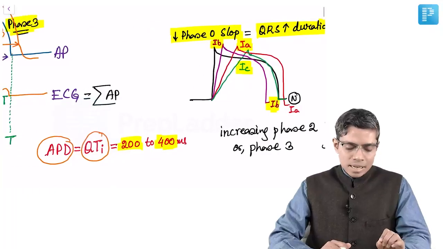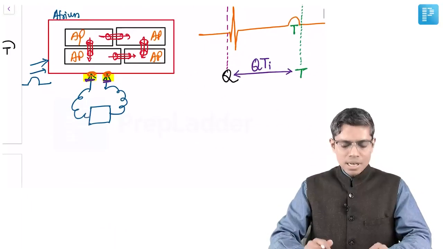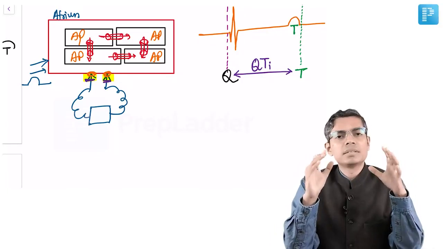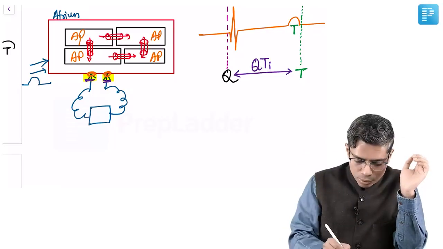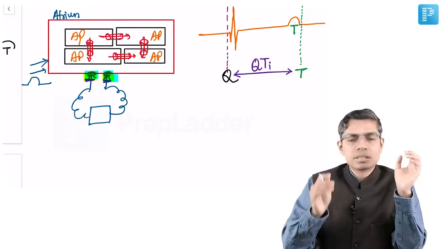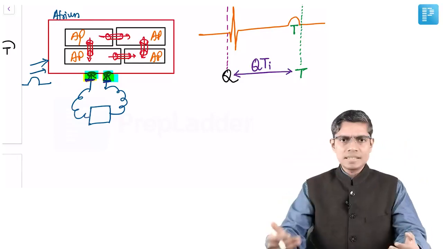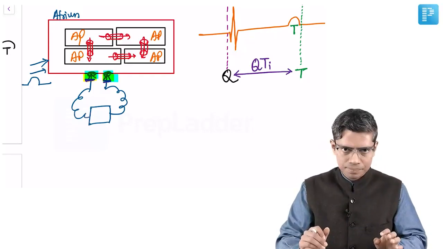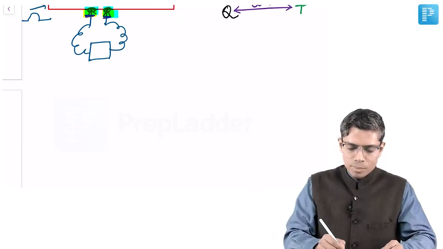Now the next thing we have to understand is that in ECG we are recording the potential or voltage from the surface. Here I told you that I have placed 2 electrodes on the surface of the myocardium. But normally when we record an ECG, we do not place the electrode on the surface of the heart; rather, we place the electrode on the surface of the body.